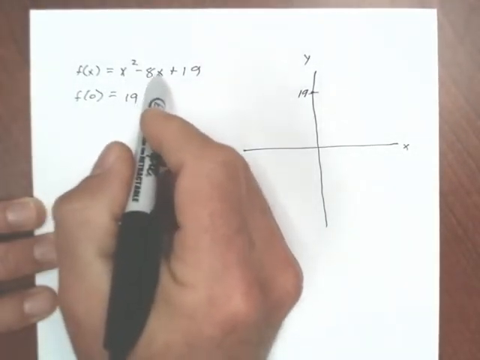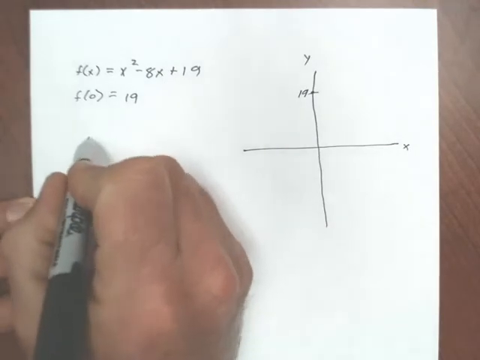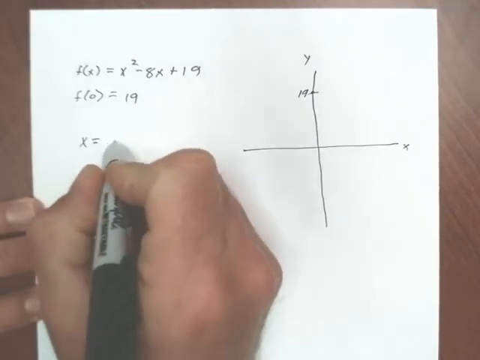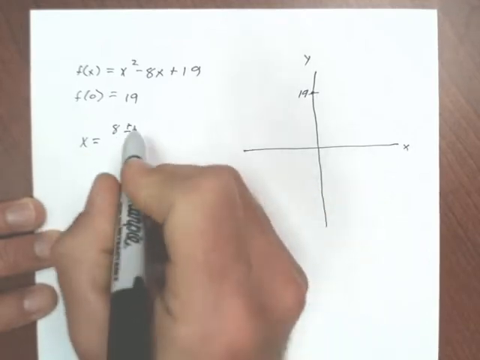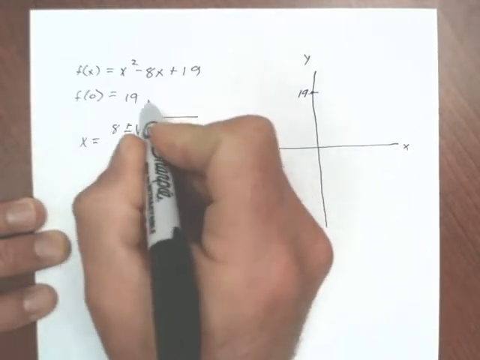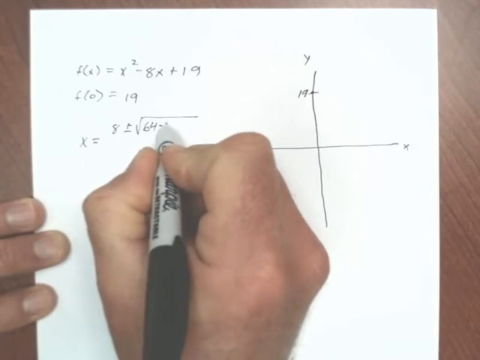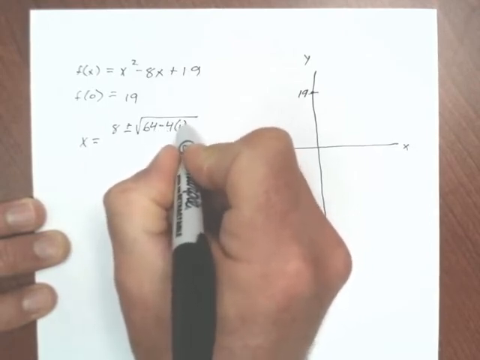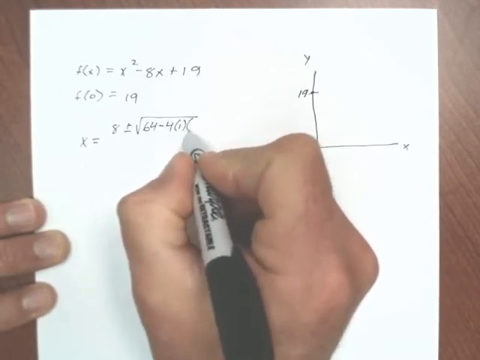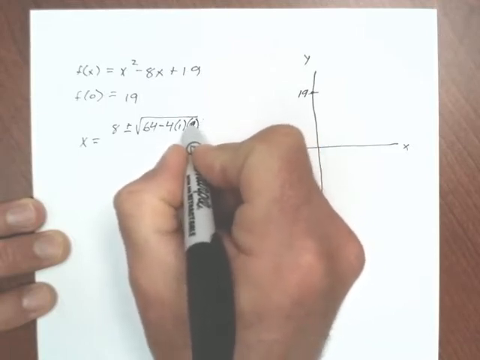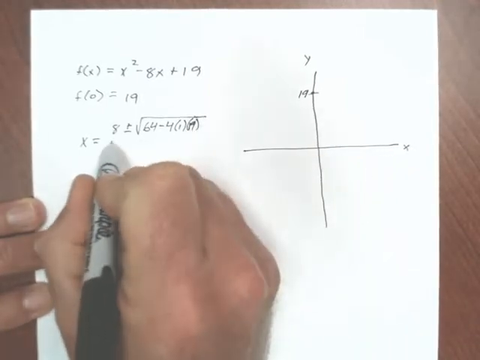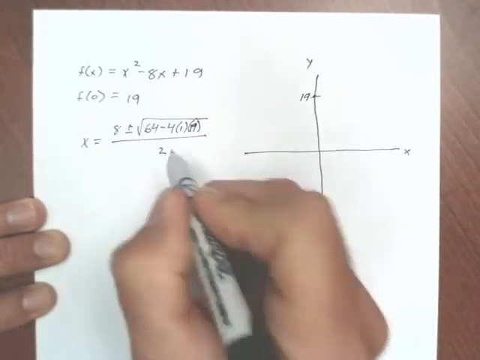Let's do our second step. Plug this into the quadratic formula. That gives us x equals 8 plus or minus the square root of 64 minus 4 times 1 times 19, divided by 2.